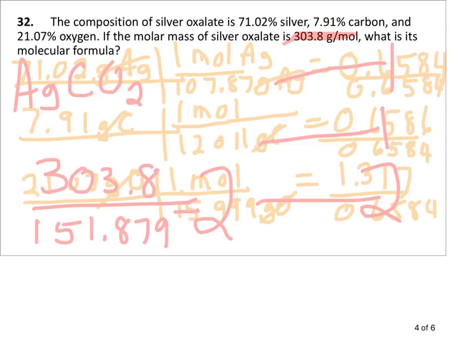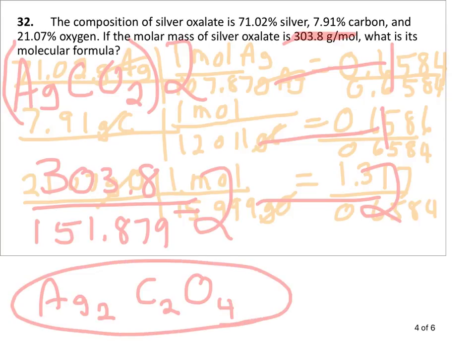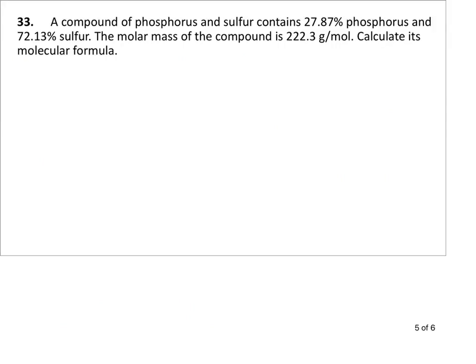So that means we need to take our empirical formula times 2, and we get an Ag2C2O4 for our molecular formula. Nothing new on this later, same problem, different numbers, different compounds.